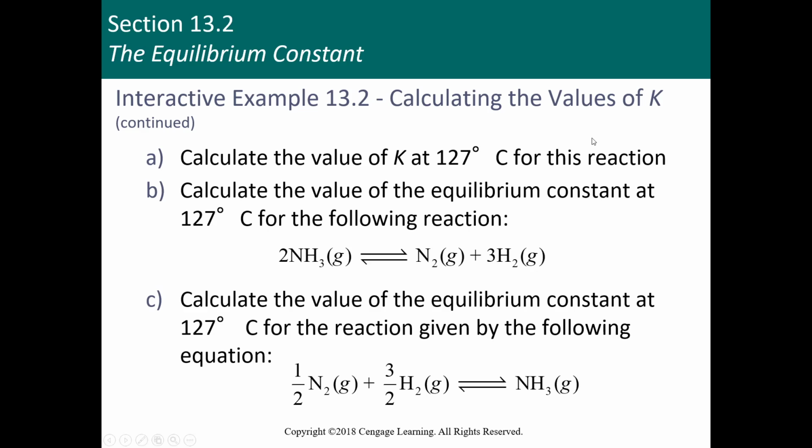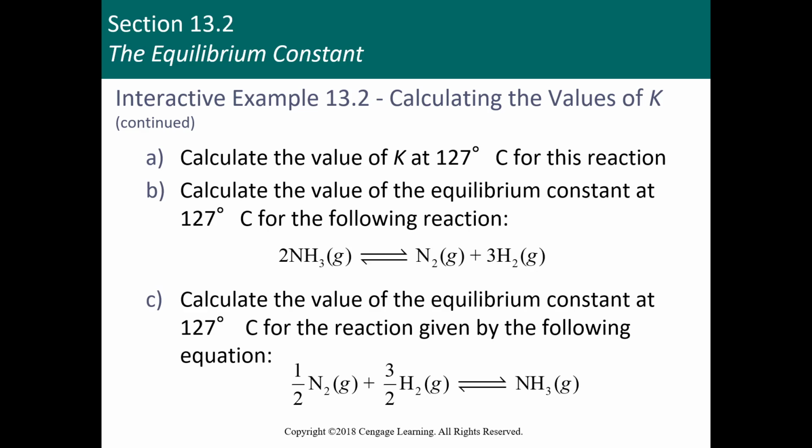So let's calculate the value of the equilibrium constant at 127 for this following reaction, and then we'll calculate the value of the equilibrium constant at 127 for this reaction. Now notice in this interactive example, we're actually going to lead you into understanding a principle on how to manipulate different Ks for different reactions.